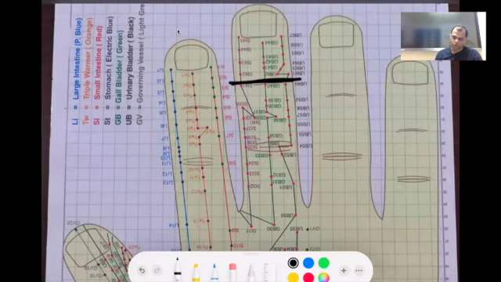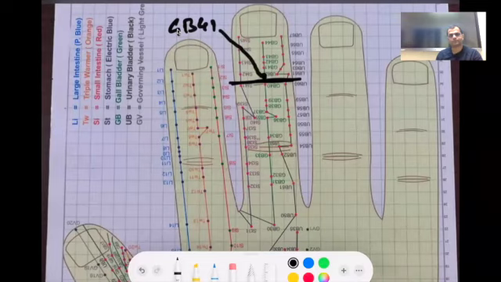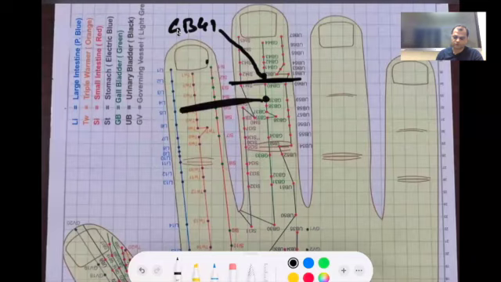Just go 1 millimeter up. That is the location of gallbladder 41. And we can see we are going a little up from the joint. That is the location of gallbladder 39.